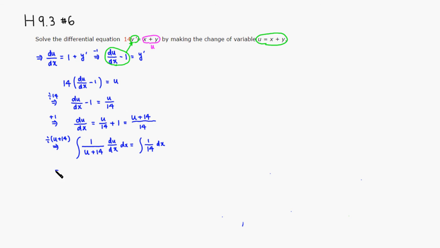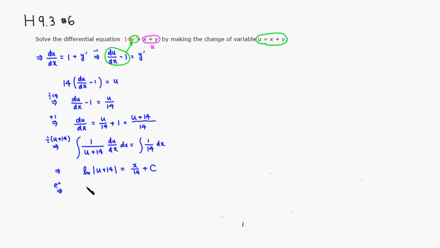We get the natural log of the absolute value of u plus 14 is equal to x over 14 plus some constant c. Then, to get rid of the natural log, we can raise e to both sides.